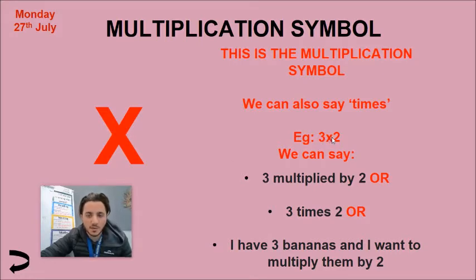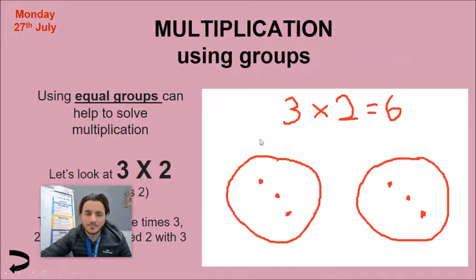Mr. Lorico likes to put equations into a story. I have 3 bananas, and I want to multiply them by 2. What would my answer be?